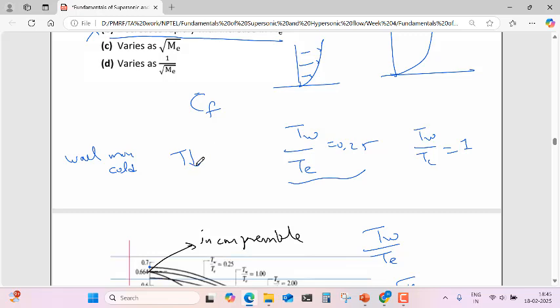If the temperature is lower inside the boundary layer, the density will be high. And if density is high, it means the boundary layer will be thin. It means delta will be less for a colder wall.